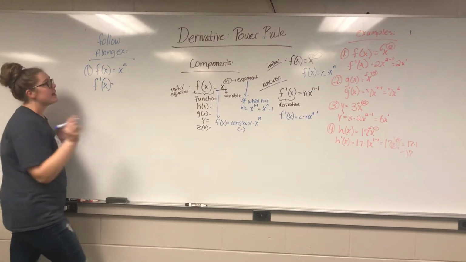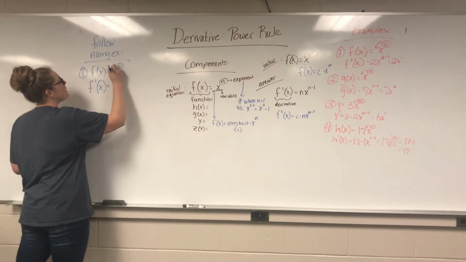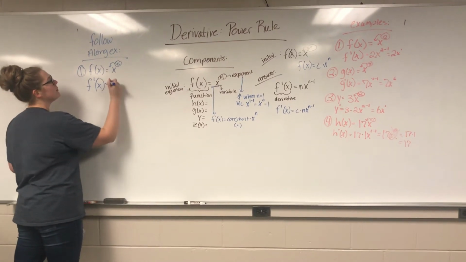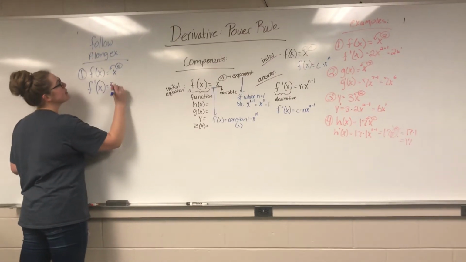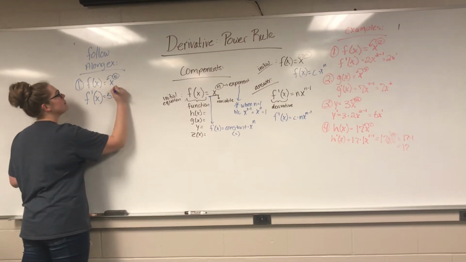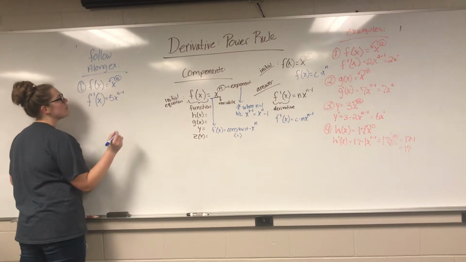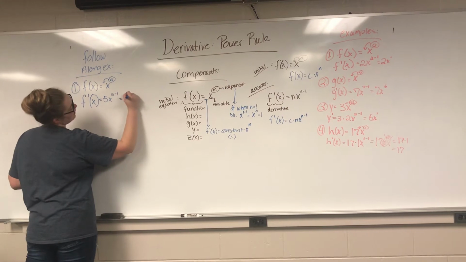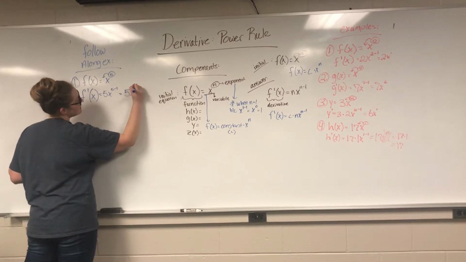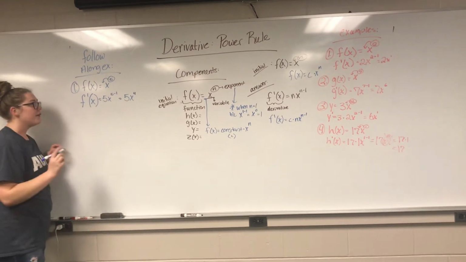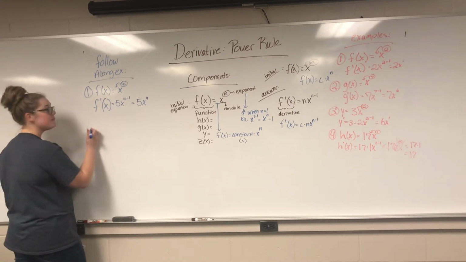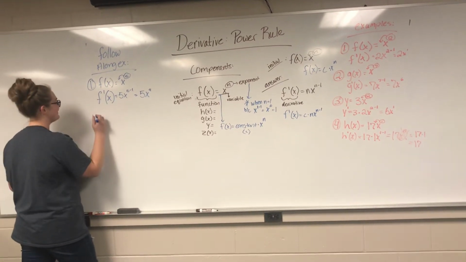Remember our first step, bring down our 5. 5x, 5 minus 1. What is that? 5x to the 4th. All right, there you go. Got it right? I hope so.